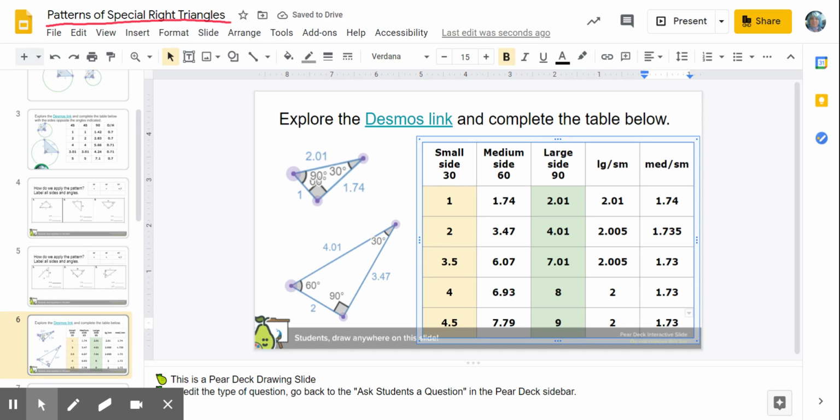Do the square root of 3 in your calculator. What do you get? So the pattern here is going to have the small side be half as big as the big side. And then we're going to have to multiply by the square root of 3 instead of the square root of 2 because we've got 3 different side lengths. It's a scalene triangle. We're going to do square root of 3.